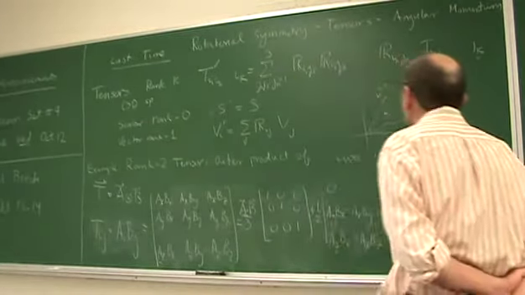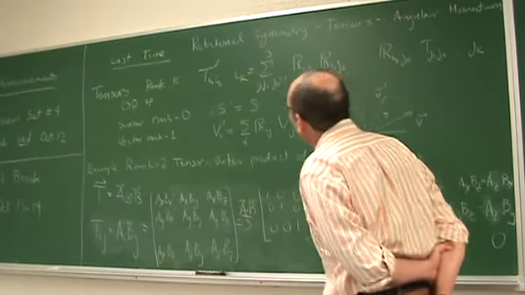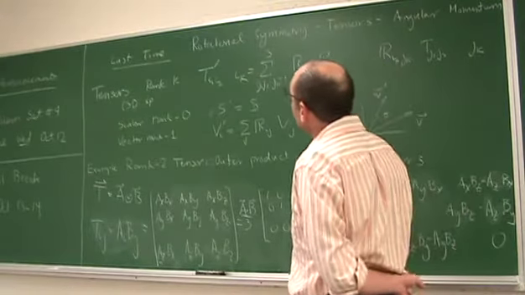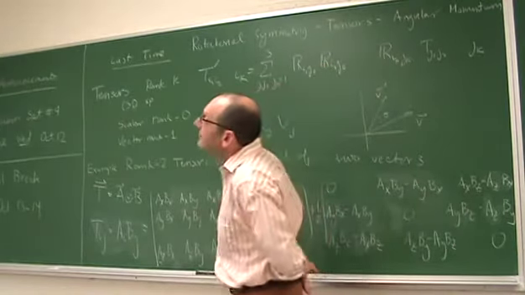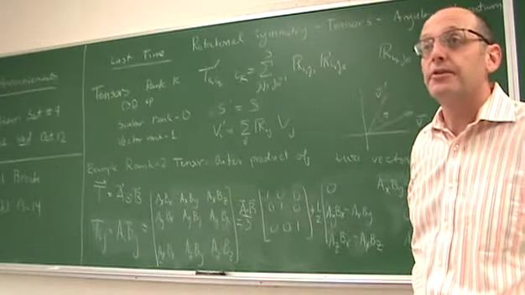So a general rank K tensor is defined as an object which has a set of components labeled by K indices. In this case, we're talking about rotations in 3-dimensional space.